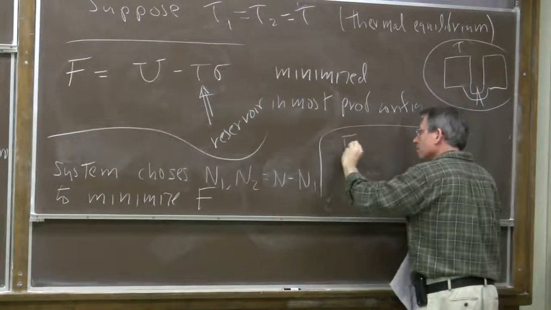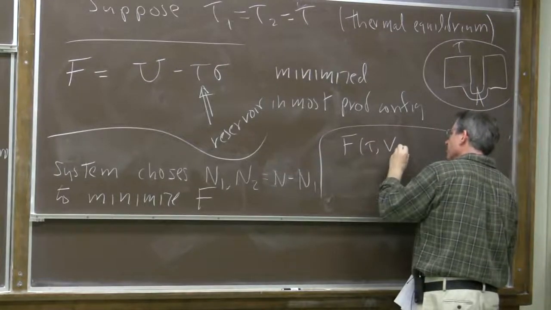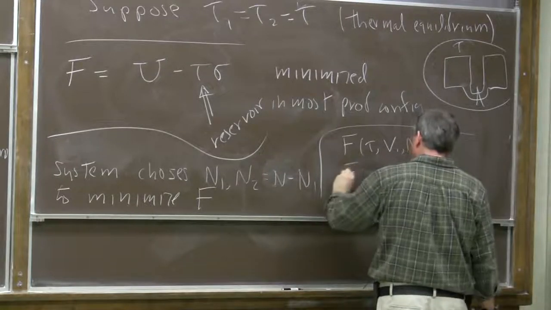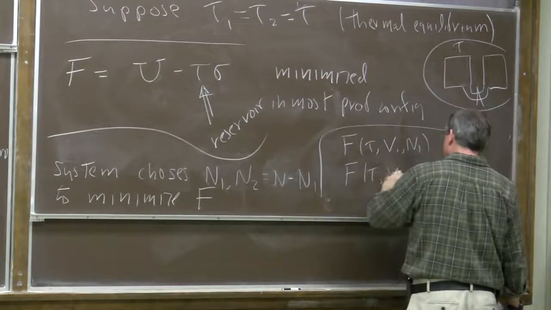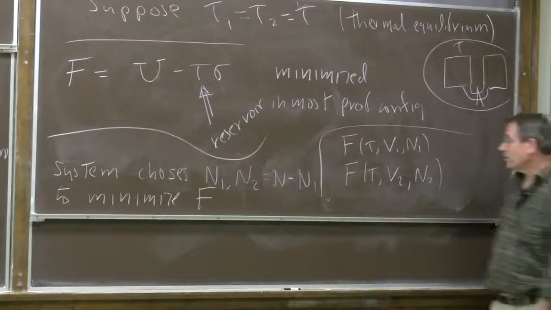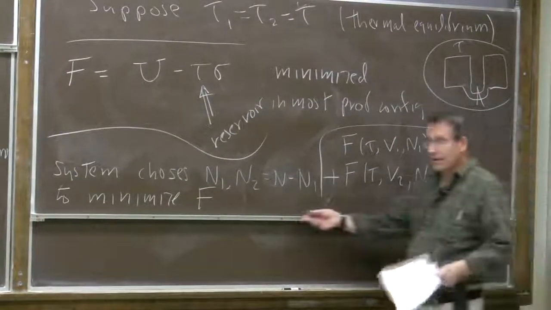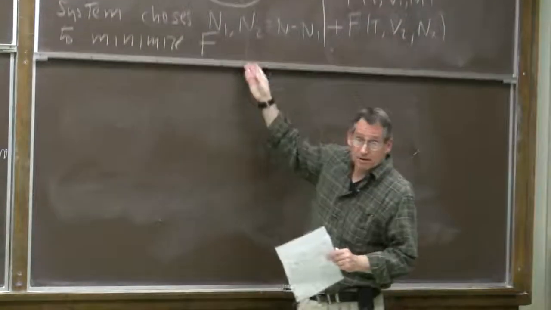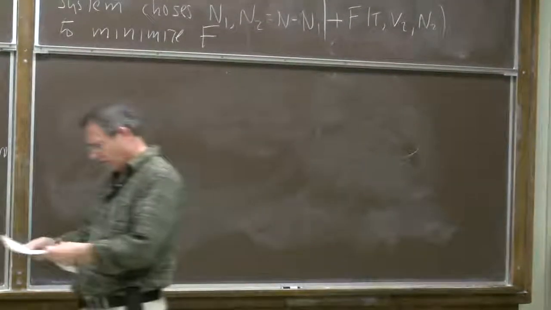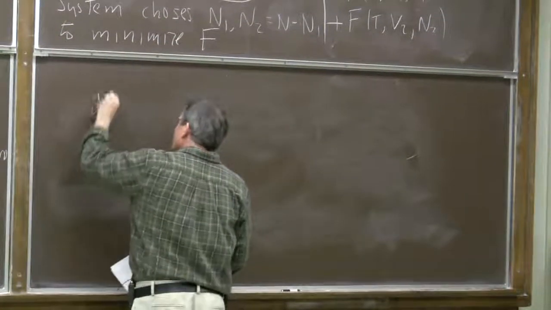So before we establish diffusive contact, system 1 has volume V1, number of particles N1, and system 2 has volume V2, particle number N2. The total Helmholtz free energy is just the sum. And then, suppose some particles flow from system 1 to system 2, or vice versa. So what's the first order change in the free energy?